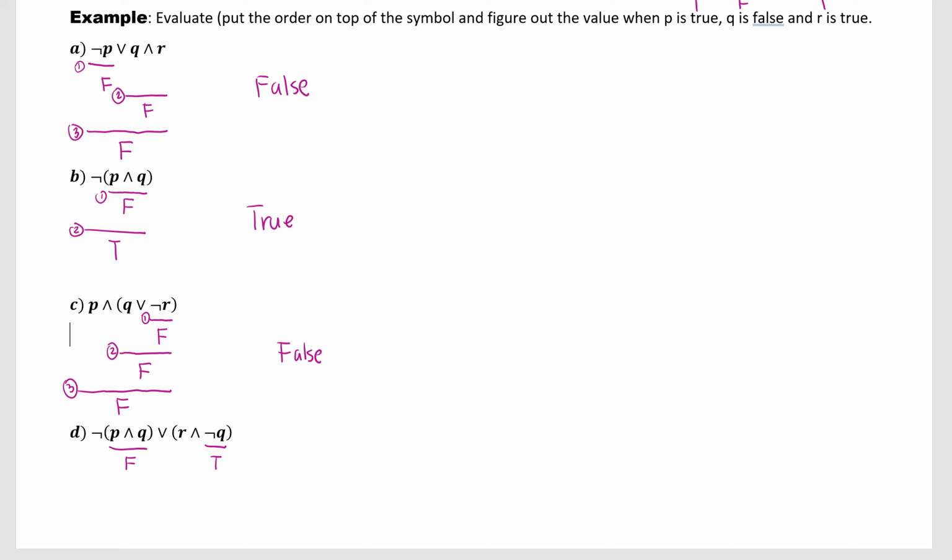And then next, we have R and not Q. R is true. True and true is true. And then this side, we have not false. Not false is true. Finally, we have true or true is true. So the answer is true. So far, so good, everybody.